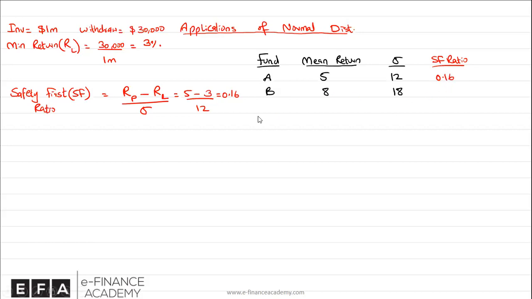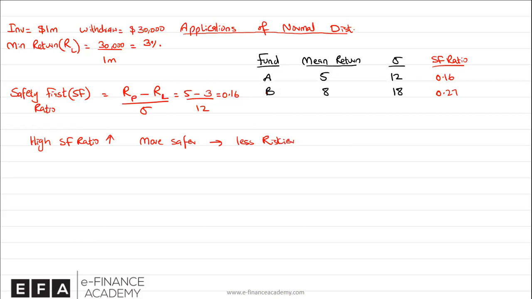If we do the same calculation for B, we say 8 minus 3 divided by 18. This is around 0.27. Now you can see clearly which fund is better: of course, the one with the higher safety first ratio. A high safety first ratio means the excess return per unit of risk is higher, which means it's safer, or simply less risky.